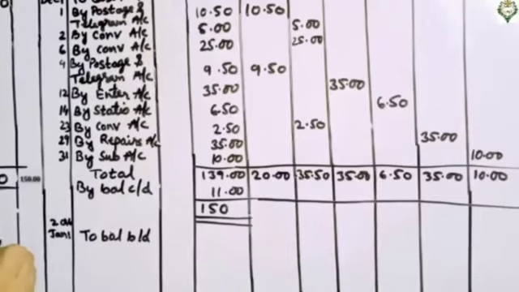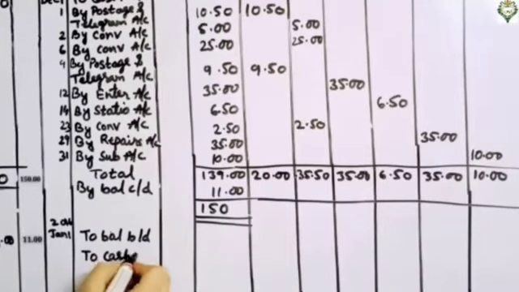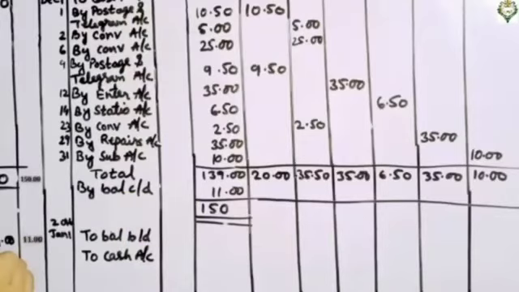So we have to write here 11, and to cash account, what the cash will be there in hand, that is 139. So we have to write here 139. So that is the cash that the business will start again with in the next year.